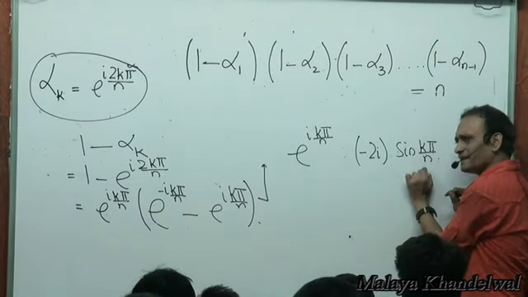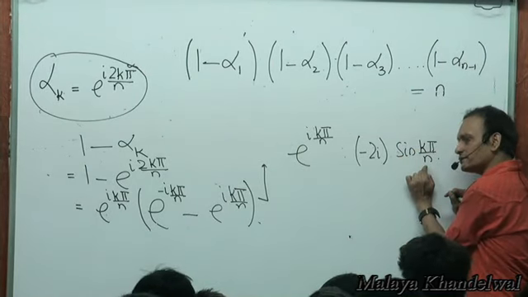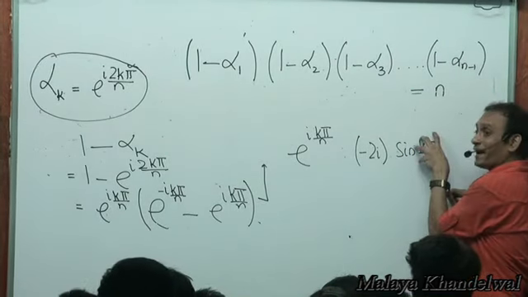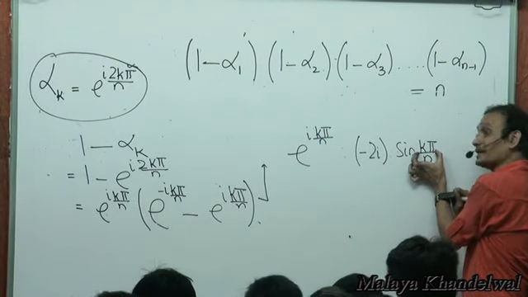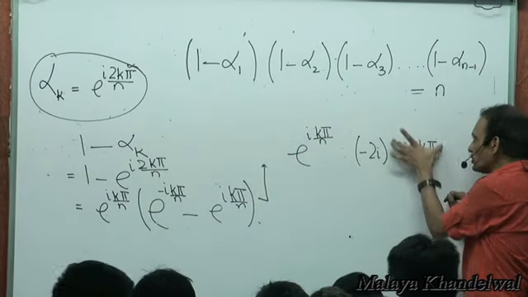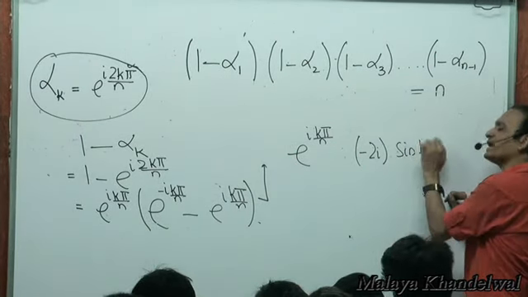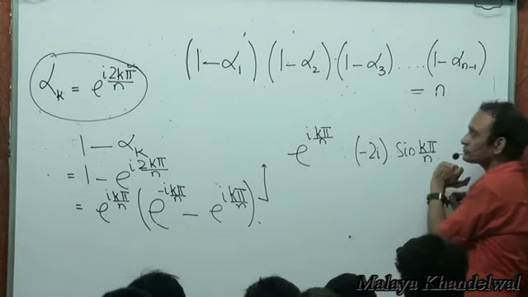Since k is less than n, k by n will be less than 1, so this angle will be less than pi. So sin theta, if theta is less than pi and greater than 0, will be positive. So if I took the modulus of this, it will be sin k pi by n only, because this is a positive number.